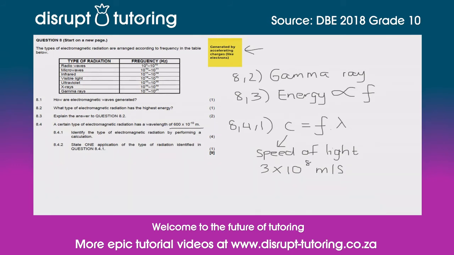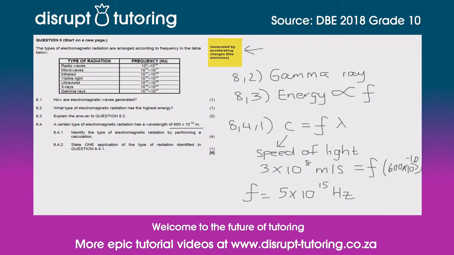So we can just sub the known things into the equation. c is equal to some frequency, which we don't know, times the wavelength, which we know is 600 times 10 to the minus 10. Then you can solve for frequency to equal 5 times 10 to the 15 hertz.